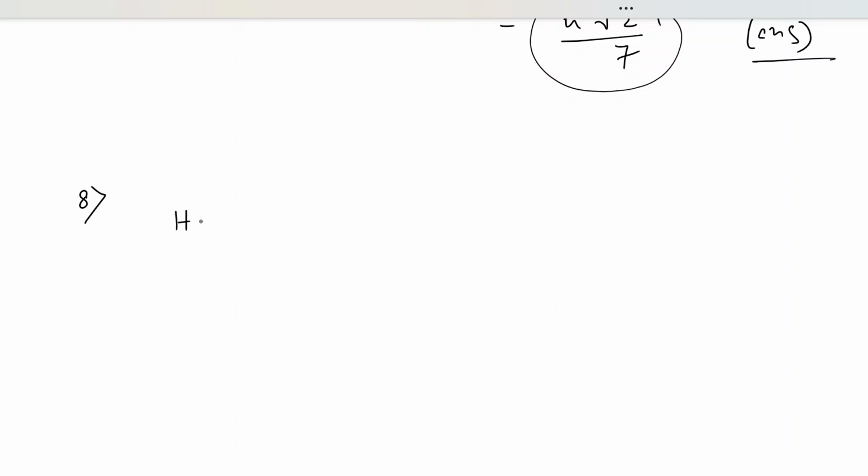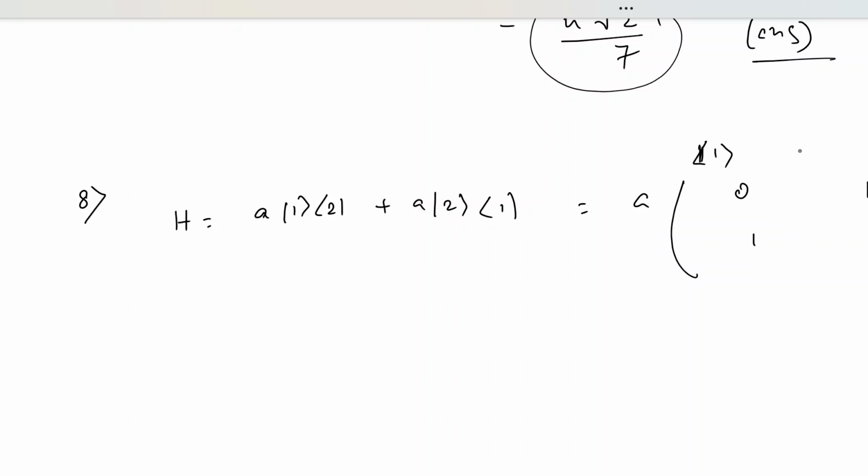So first of all, the Hamiltonian is a, that means the Hamiltonian form will be 0 1 1 0. Why? Because if 1 and 2 are the basis vectors, I assume, then the matrix will be like this.